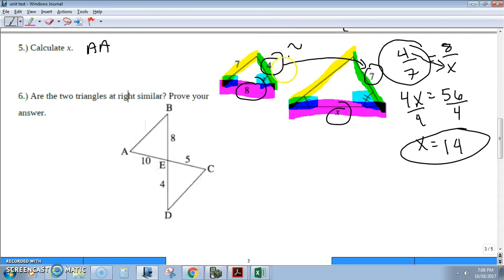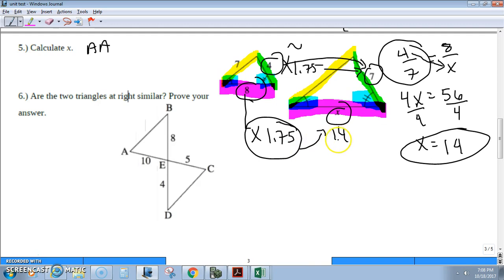What that means is 4 times 1.75 equals 7. So now I can take 8 times 1.75. Now this is my scale factor, 1.75, and 8 times 1.75 is also 14. So 2 ways to get the same answer.